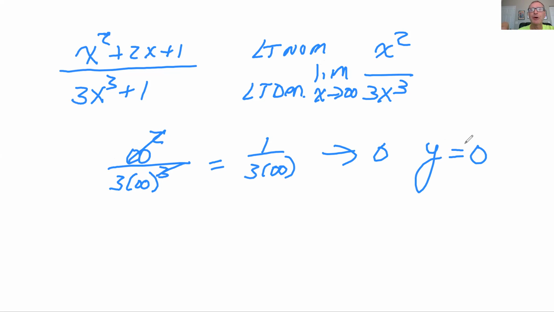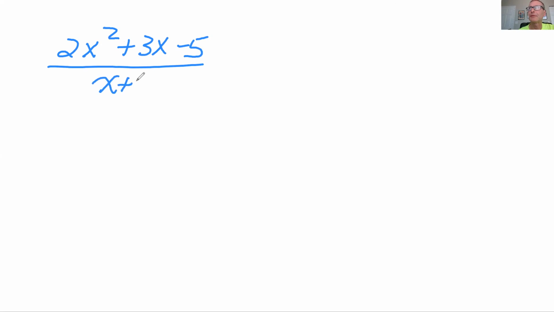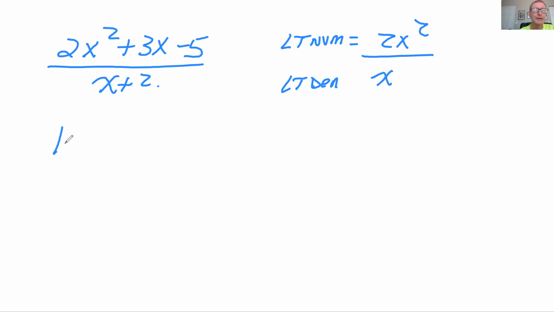Okay, so the last of the possibilities is that you have no horizontal asymptotes. And this would be an example of that. Say like you had 2x squared plus 3x minus 5 on the top, and x plus 2 on the bottom. So in this case, the leading term in the numerator is 2x squared, the leading term in the denominator is x. And as the limit as x goes to infinity, plug in infinities, see what you get.